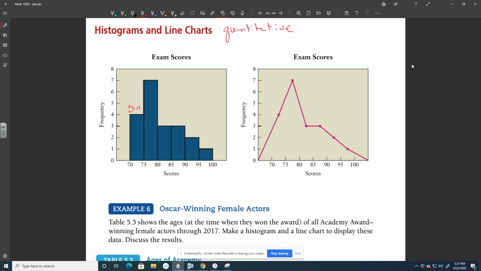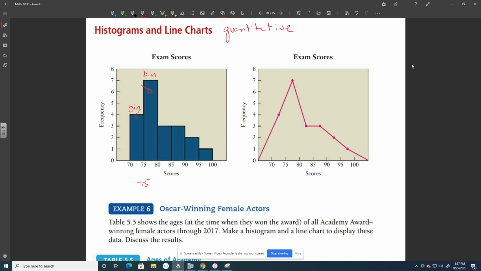Okay. So the 70 to 75, notice this doesn't just represent the 70s, it represents anyone between a 70 and a 75. This bin right here represents anyone from a 75 to an 80. And depending on these labels, again, there's not going to be an overlap. Someone with a 75 isn't going to go into both bins.